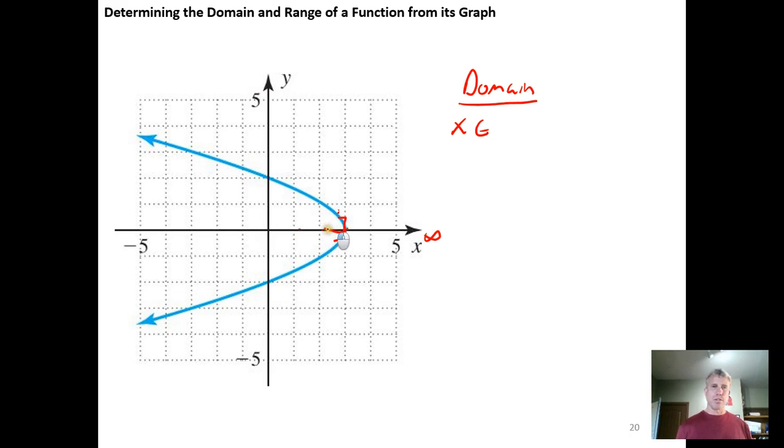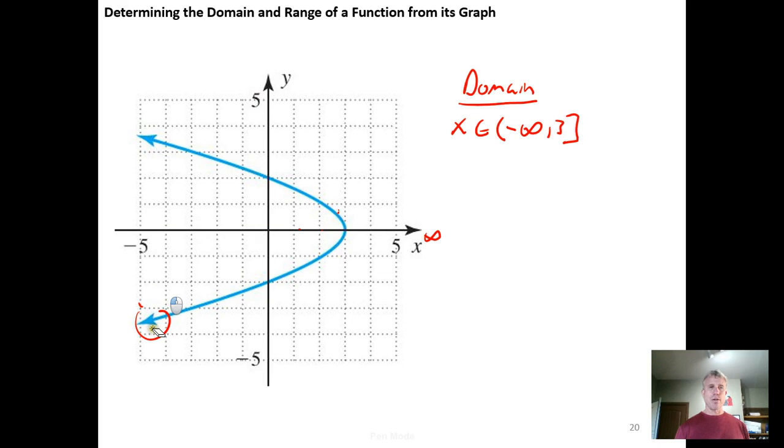And then the graph is going infinitely far that direction because both of these arrows have horizontal components pointing towards negative infinity. So x is going to run from negative infinity all the way up to 3. 3 is included, so we use the square bracket there.